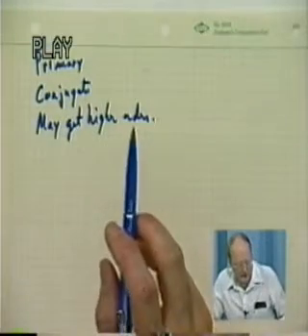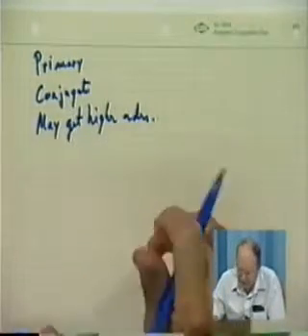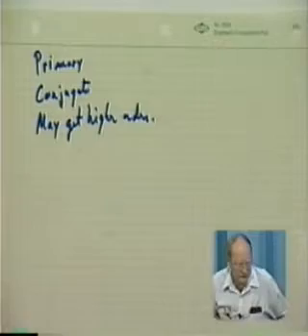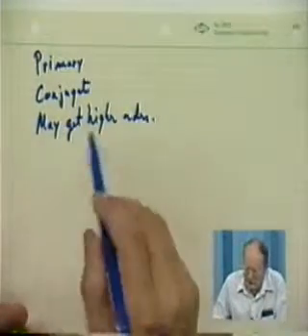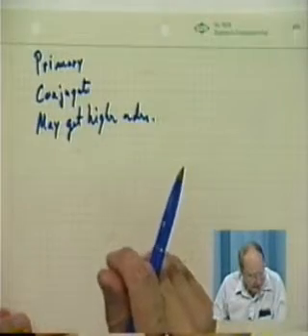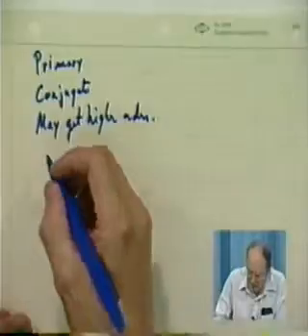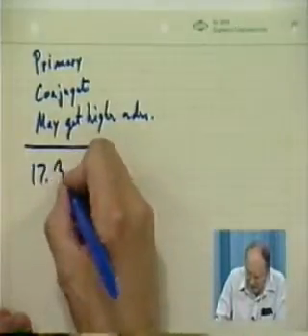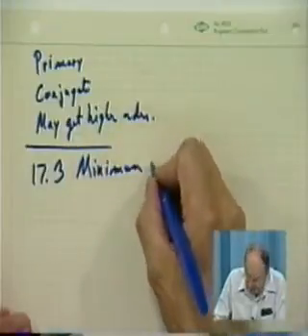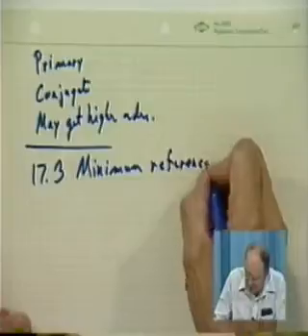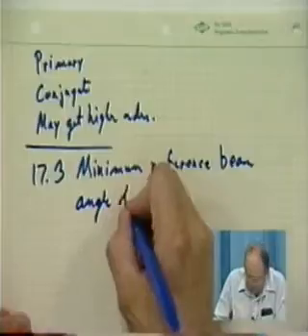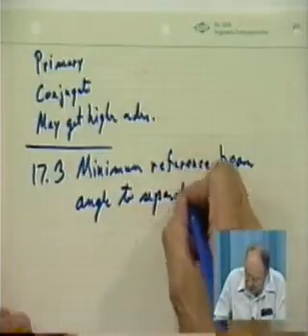At first we'll look at a little bit of math to see that, and then we'll think physically, what does this mean, and why do the orders separate? And then we're going to go on and calculate where the orders actually exist. So this will be 17.3, the minimum reference beam angle to separate orders.